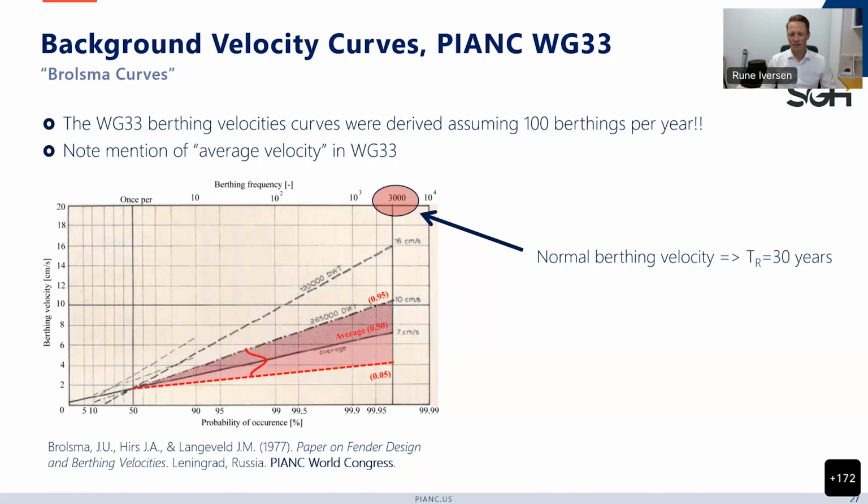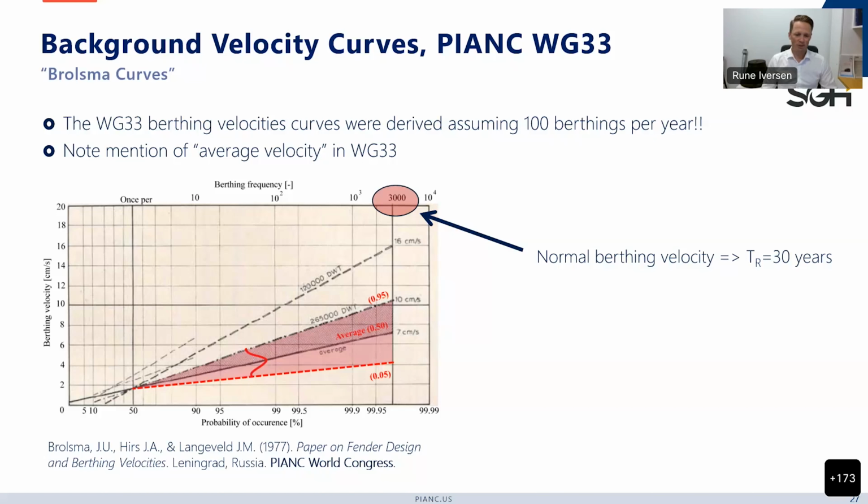So berthing velocities that are published are supposed to be a rare event. With 1 in 3,000, you're assuming 100 berthings per year, so you're actually looking at a return period of berthing velocities of about 30 years.